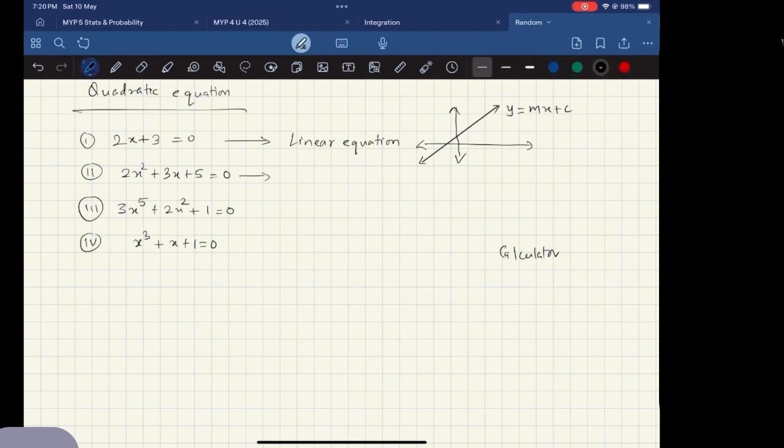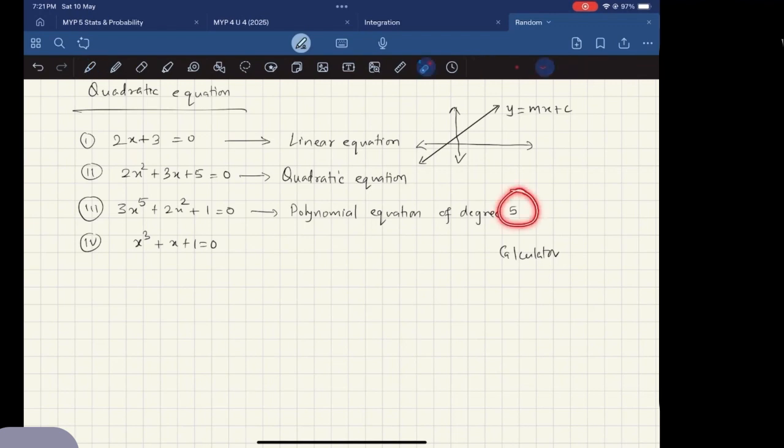Now if you look at the second one, what is the highest power of x? The highest power of x is 2, right? If the highest power of the equation is 2, then we call it a quadratic equation. The highest power is 5, so we call it a polynomial equation of degree 5, because the highest power is 5.